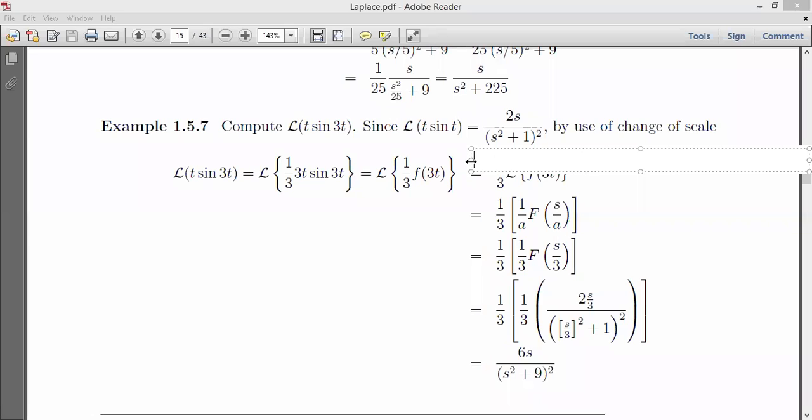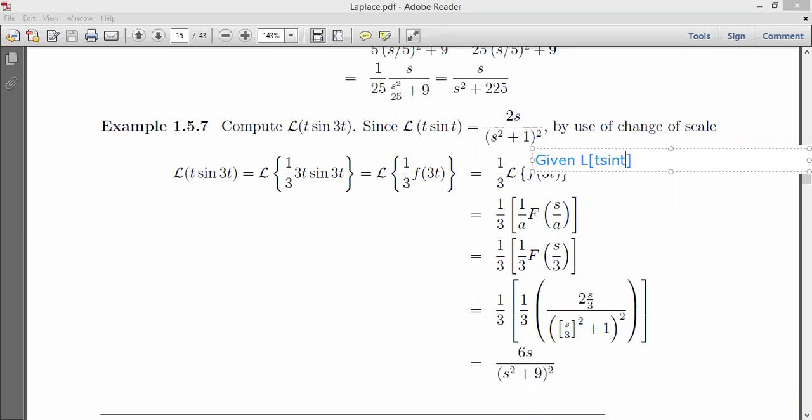I can write it here, and I say given. This is given. That is L. This is L, and what do you have there? This is t sine t.